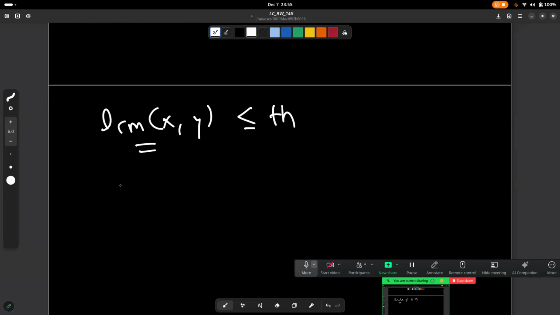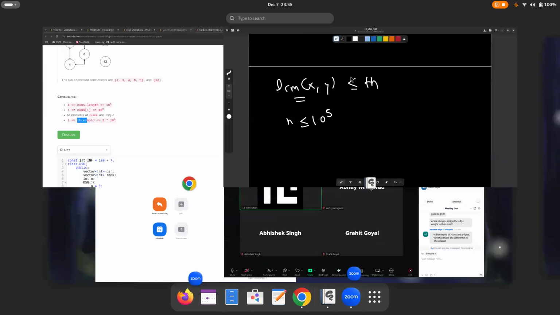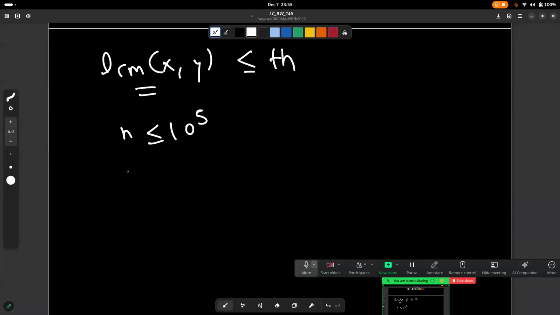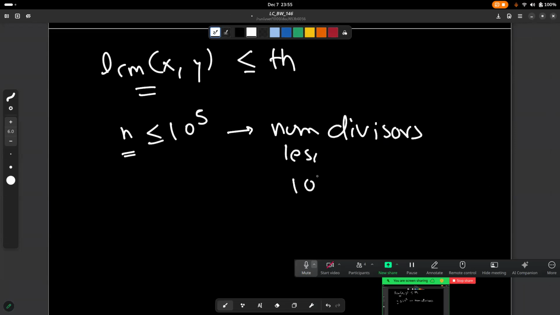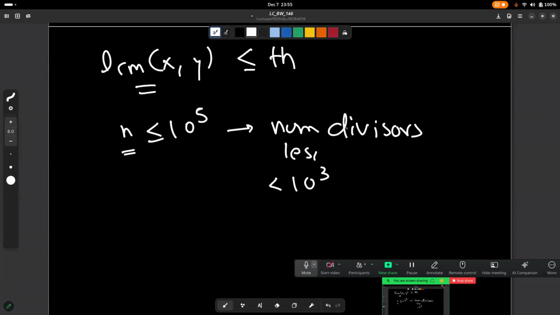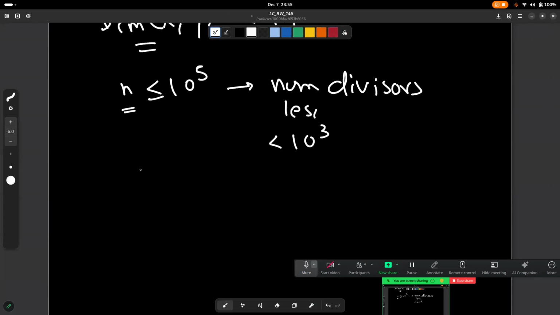Numbers up to 10 power 9 are a large constraint, and we'll see how we can reduce that to 10 power 5. But if you have numbers up to 10 power 5, then the number of divisors is actually less than 10 raised to the power 3. So the number of divisors is very constrained.